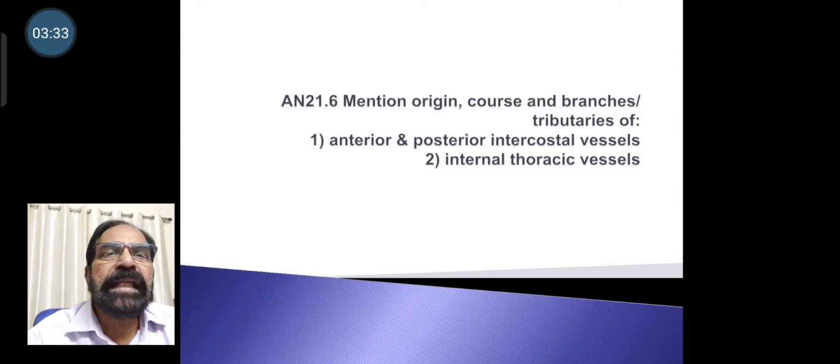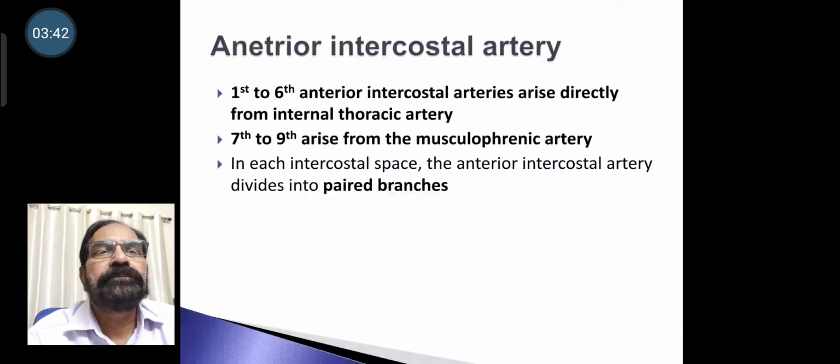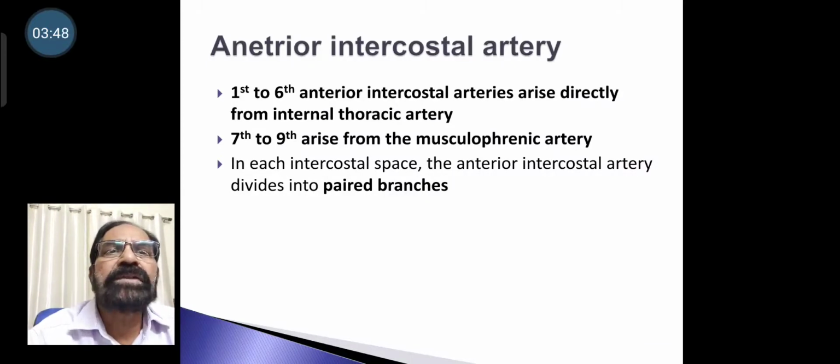Then we go to study the anterior and posterior intercostal vessels and internal thoracic arteries. Anterior intercostal arteries. The 1st to 6th anterior intercostal arteries arise directly from the internal thoracic artery. The 7th to 9th arise from the musculophrenic artery.